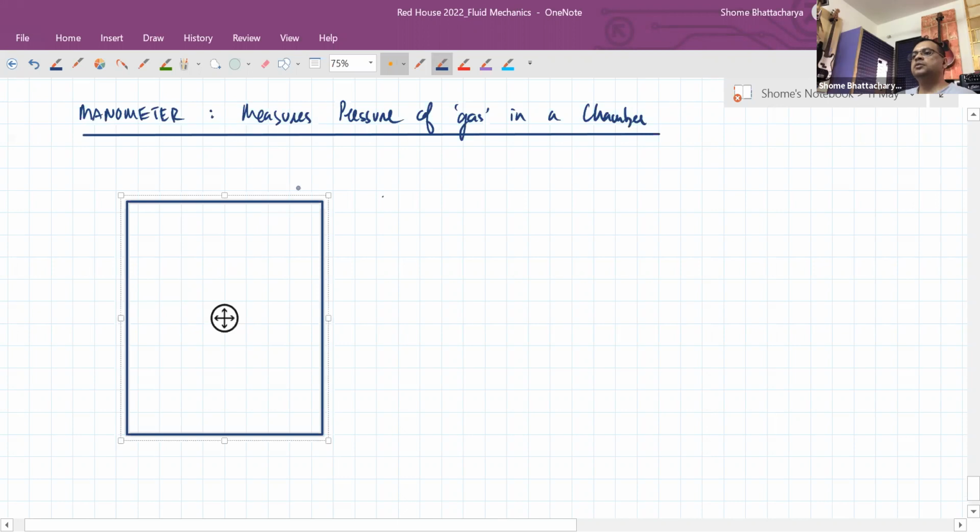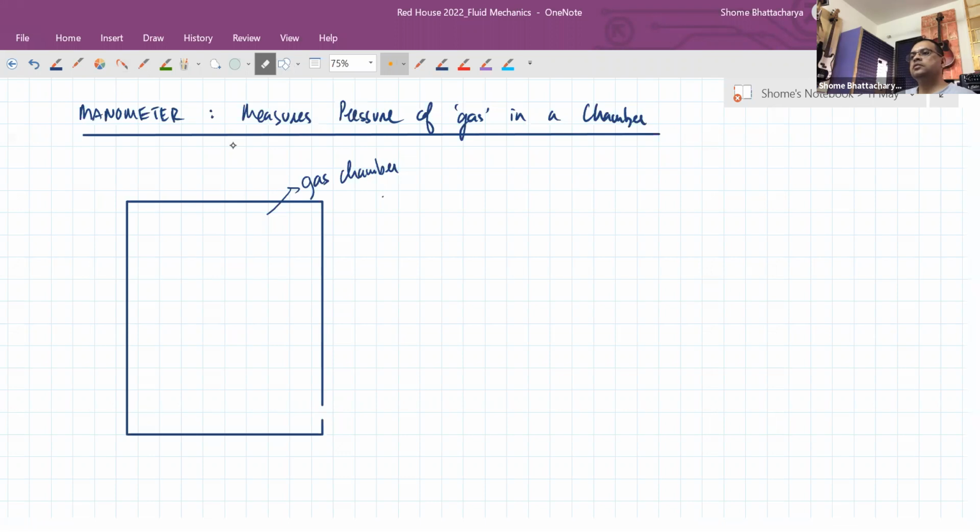So this is a gas chamber. And we have connected the manometer at a point like this.